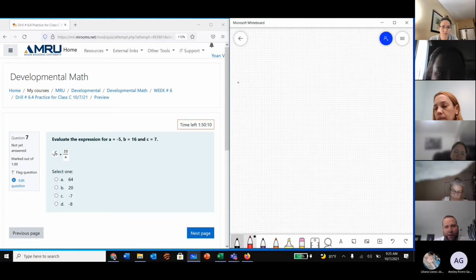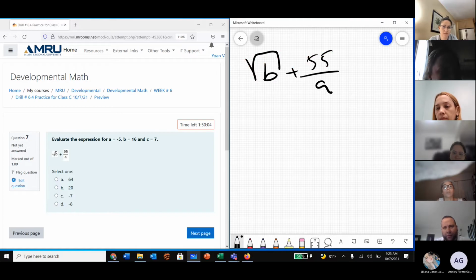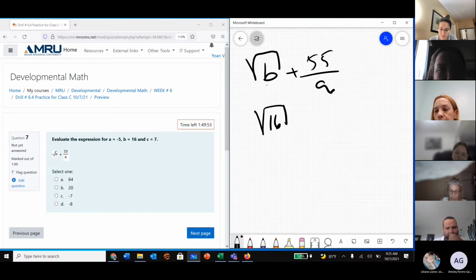Okay, let's try to do it. We have square root of b plus 65 over a. The value of b is square root of 16 plus 65, and the value of a is negative 5.